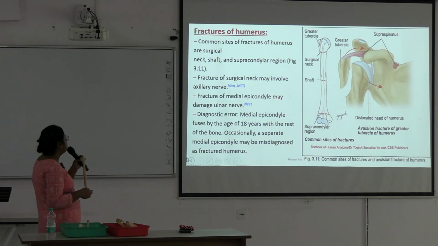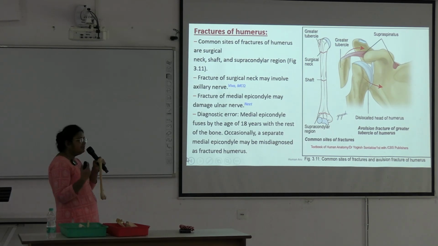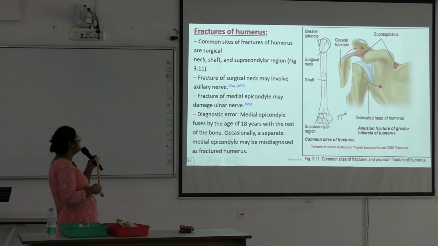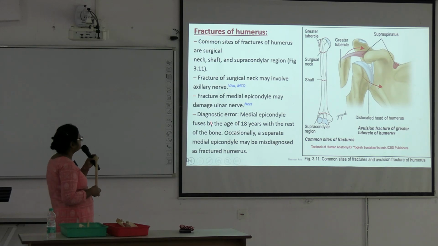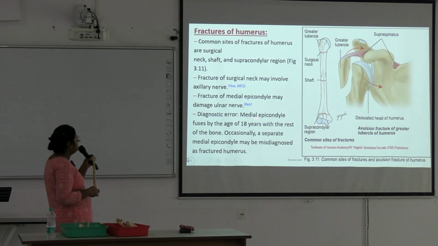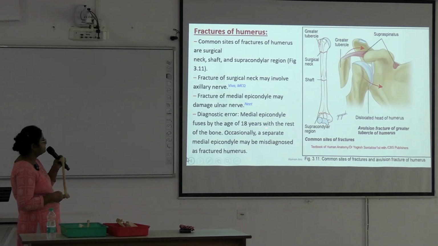Fracture of medial epicondyle may damage the ulnar nerve here. The ulnar nerve lies posterior to the medial epicondyle, so if fracture occurs, the ulnar nerve may be damaged. Okay, diagnostic error. Medial epicondyle fuses by the age of 18 years with the rest of the bone.